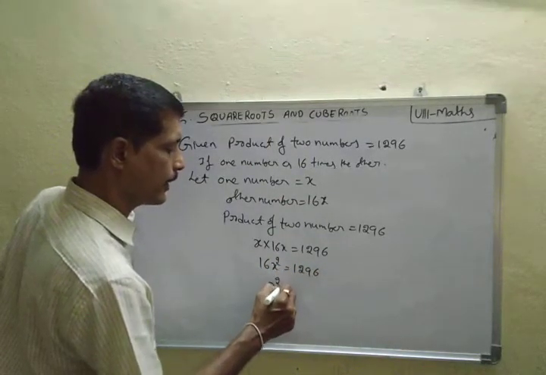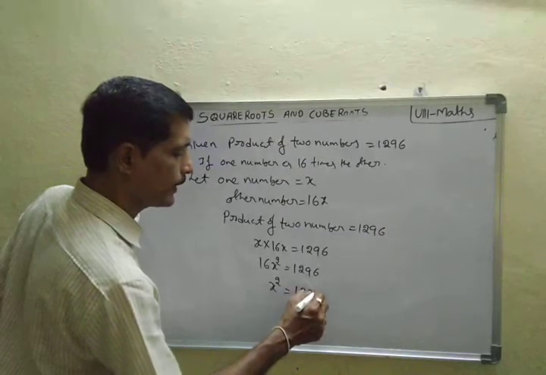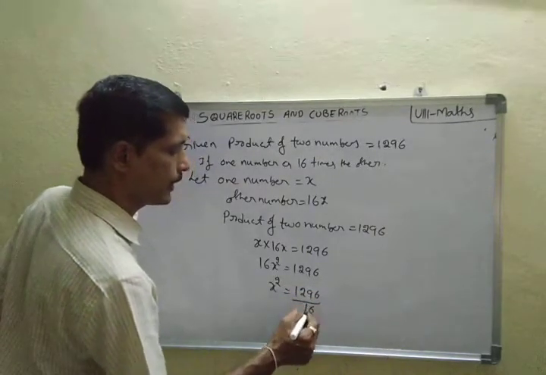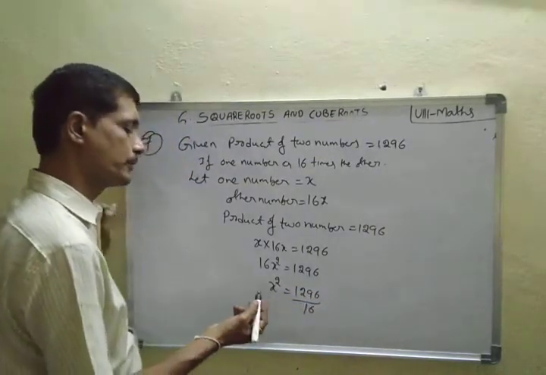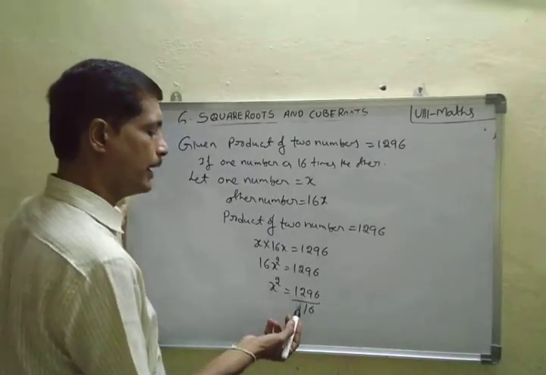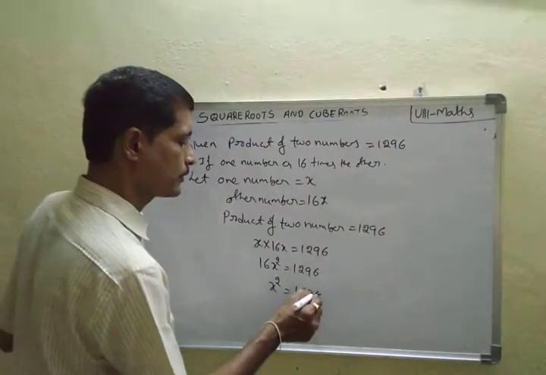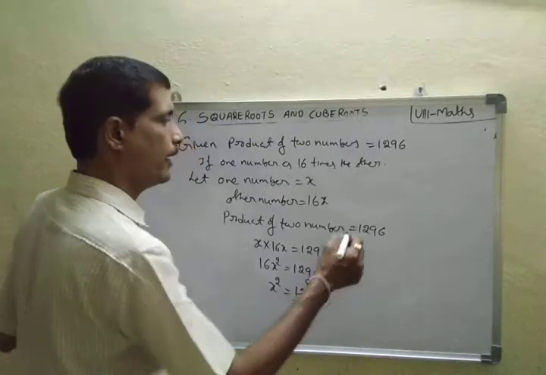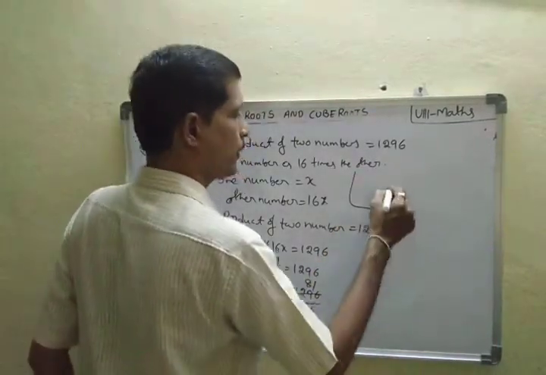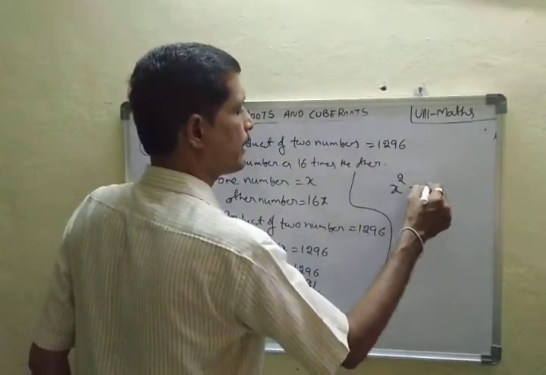Therefore x square equals 1296 by 16. 16 times 81 is 1296, so x square equals 81.